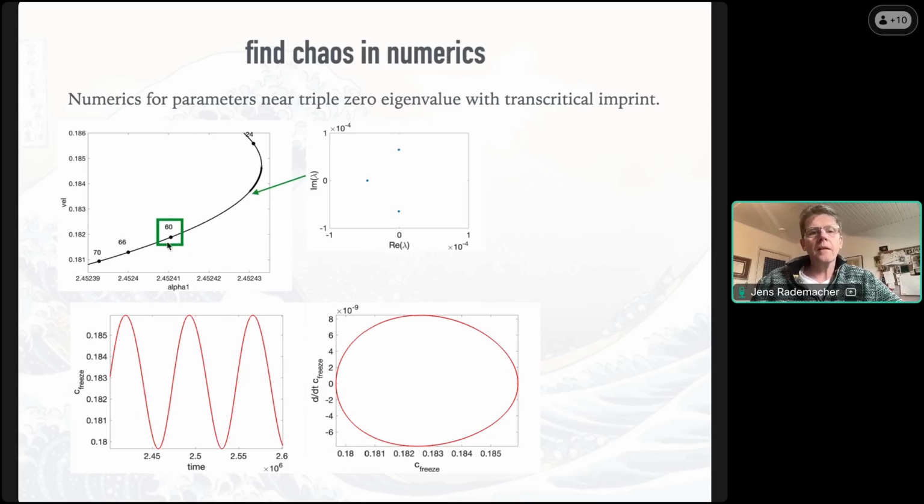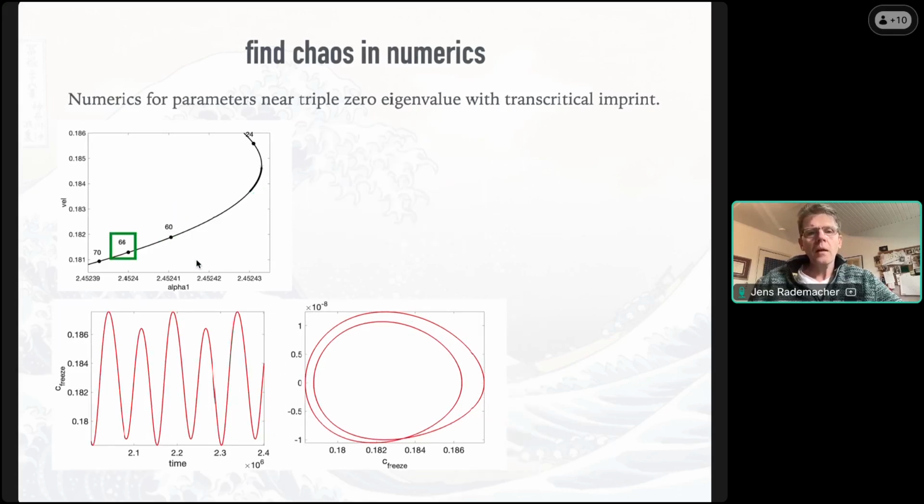So what happens in this scenario seems to be that there's a branch of periodic orbits coming out, which I didn't compute here. There's a branch of periodic orbits, and it is stable, and it is the equilibrium point here. When perturbing from it, one is in the basin of attraction of this periodic orbit. Now, if I go to point 66 and I do the same thing, I notice this.